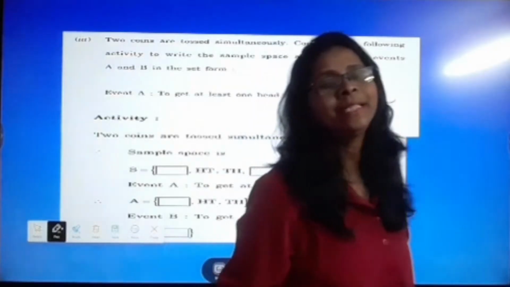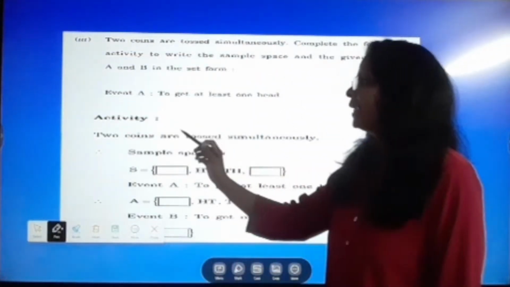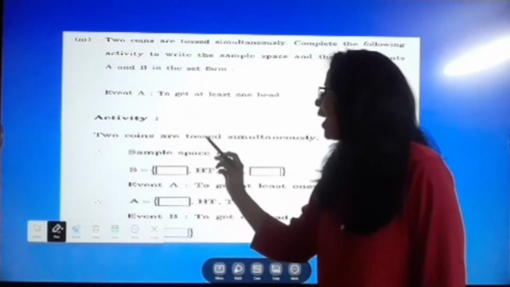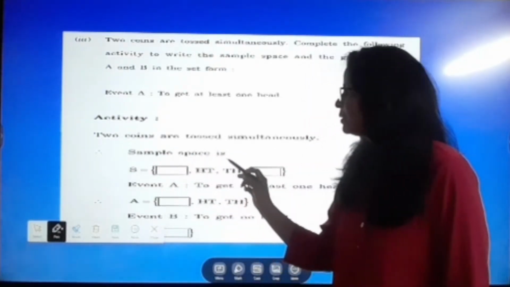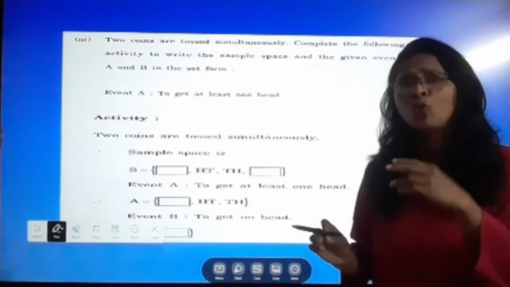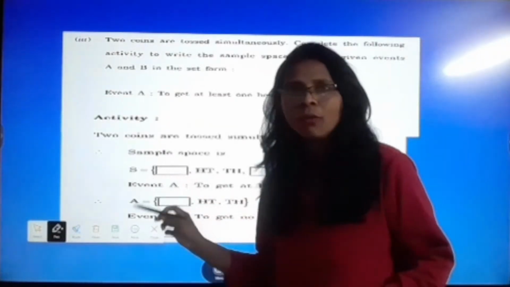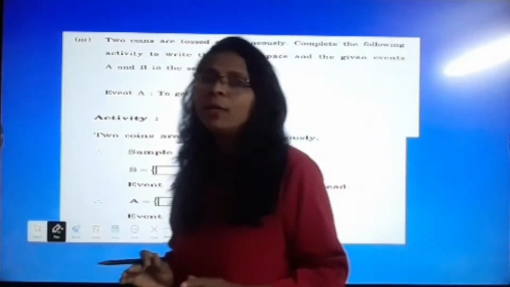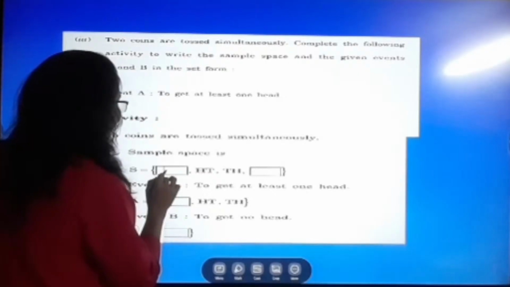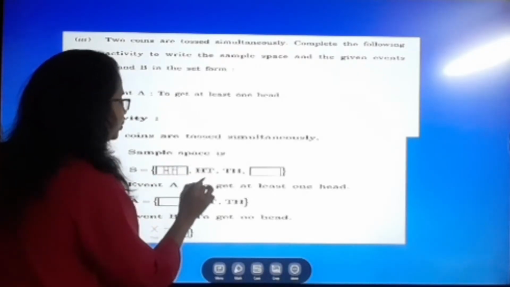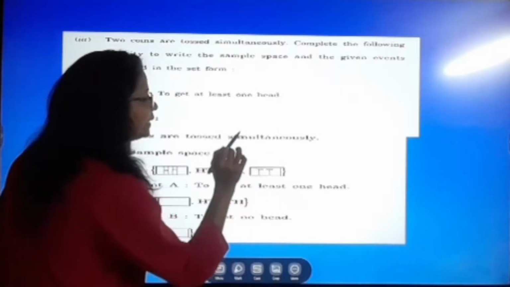Then activity, two coins are tossed simultaneously. Therefore, sample space is, so S is equal to. Here we write HH, HT, TH, and in this box I write TT.